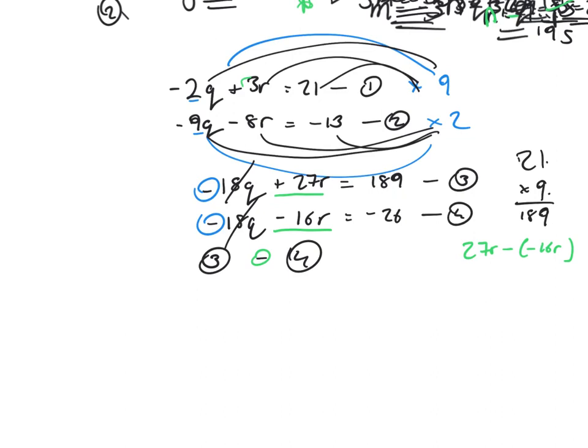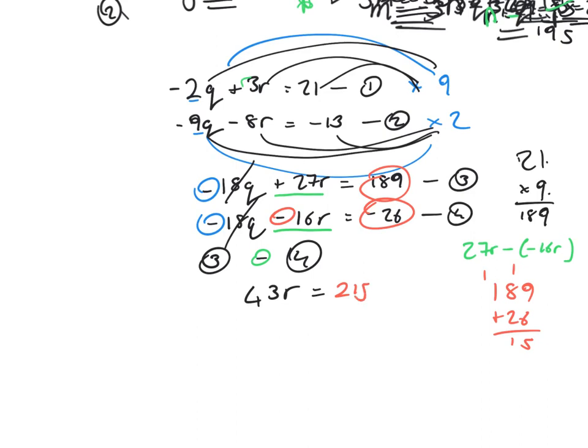So that's 27r plus 16r, that's 43r. And then it's 189 minus minus 26, so it's 189 plus 26. Again, take your time. And that will give me 215.